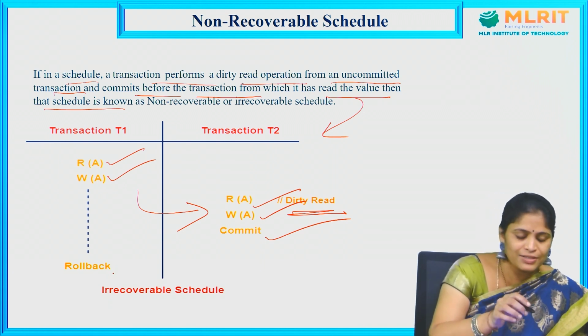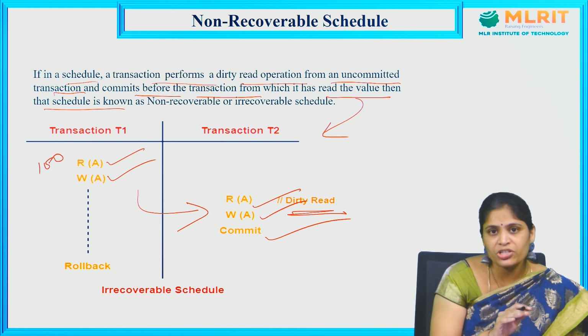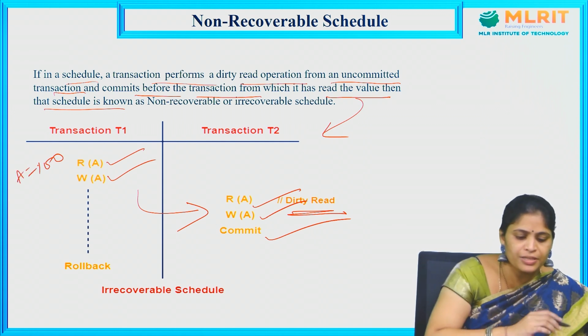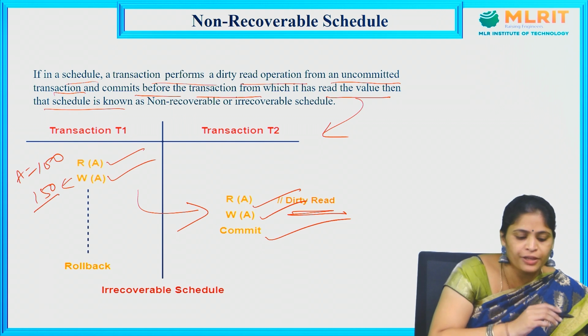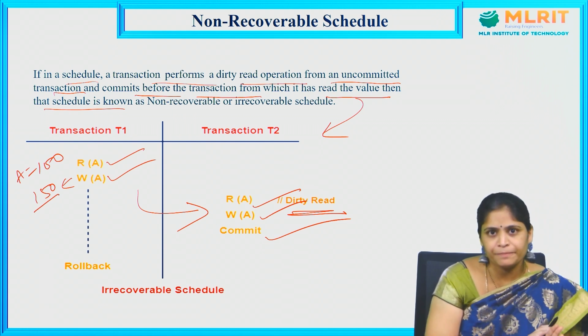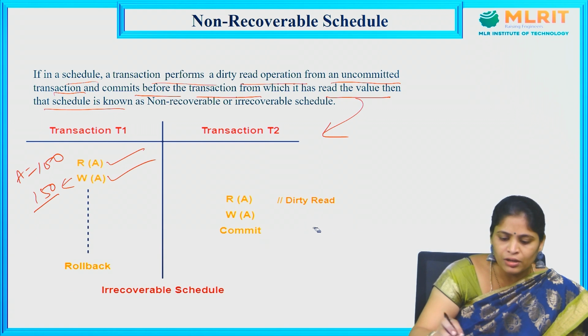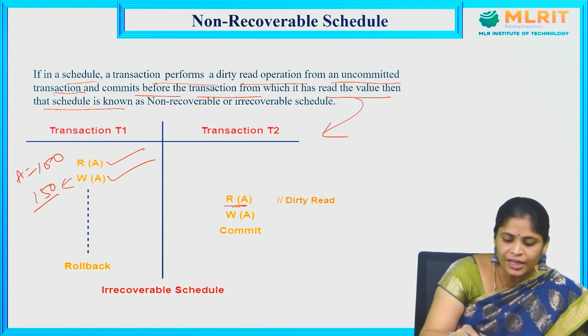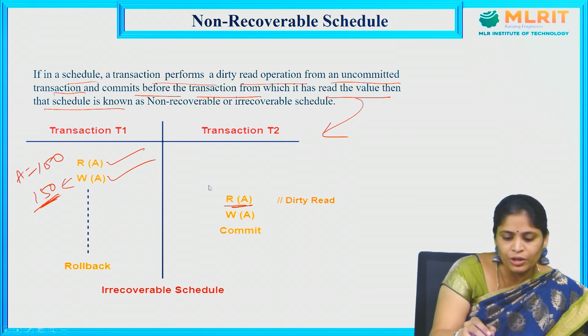Let us discuss this with an example. Initially A is 100 in the database. Here I have updated the value of A to 150 and have not yet committed. Now, read of A here means the recently updated value, 150.